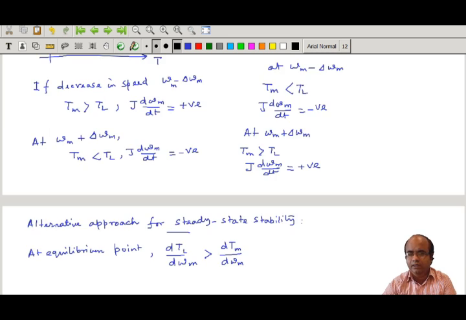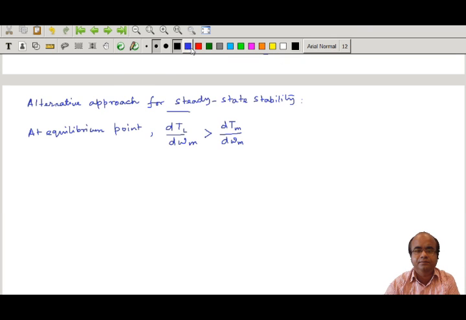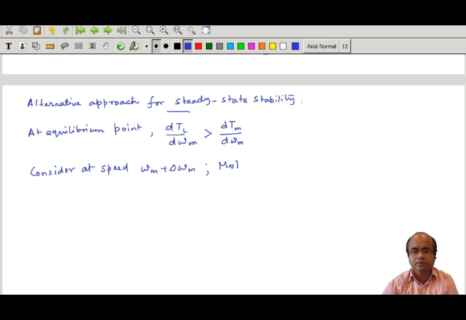Now, consider any deviation of speed, at speed omega m plus delta omega m, the motor torque becomes Tm plus delta Tm, and the load torque TL plus delta TL.